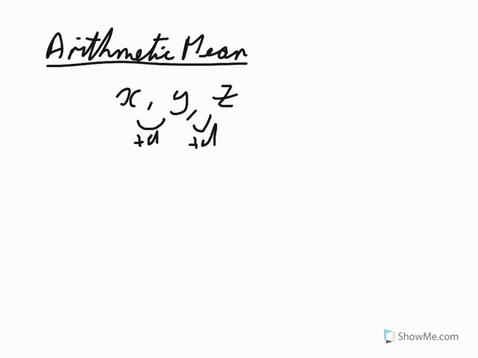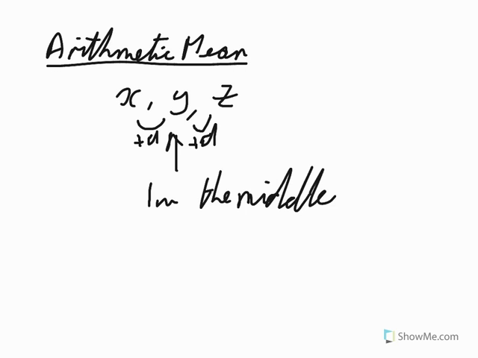So from that we can deduce that y is in the middle. So if y is in the middle, then y would just be the average of those two.